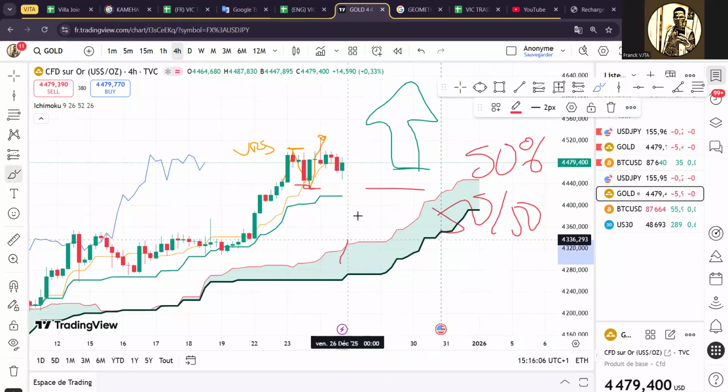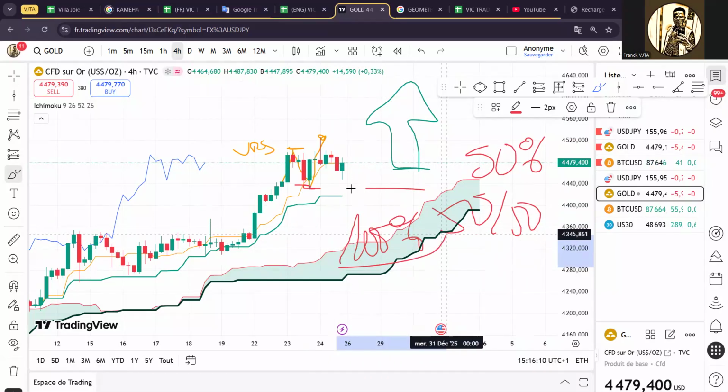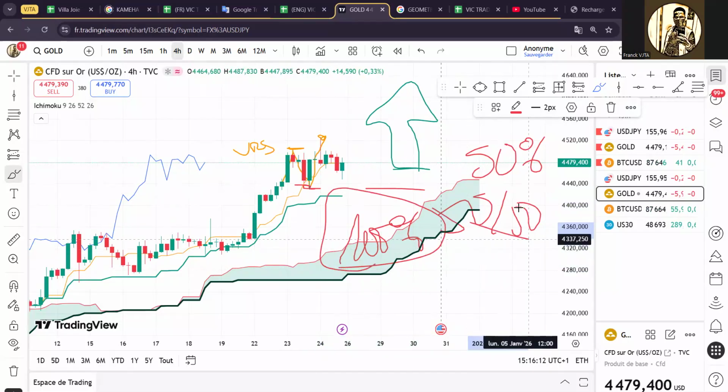It becomes now a 100% game in one direction. You don't have a 50-50% game as some gurus say on Facebook ads, YouTube ads, to make it seem as if forex is a 50-50 game.